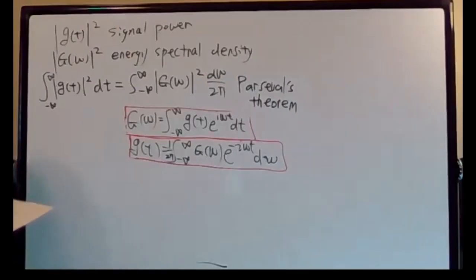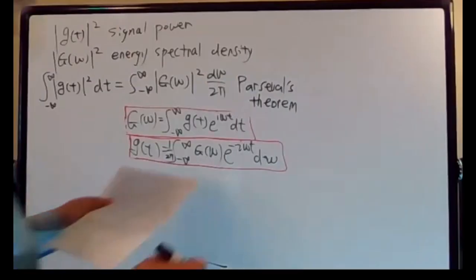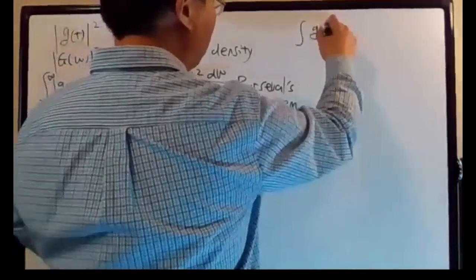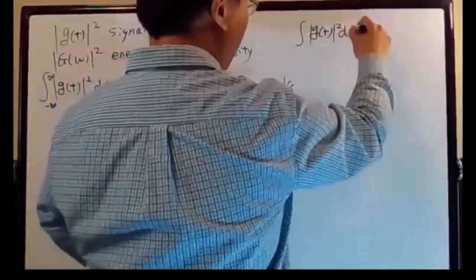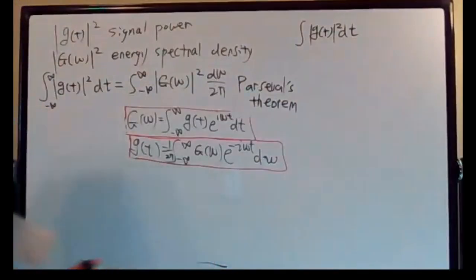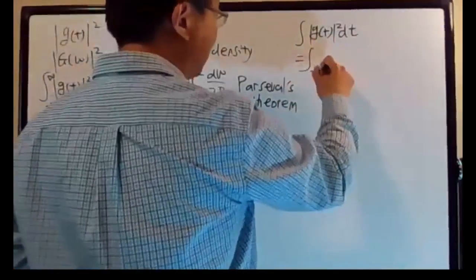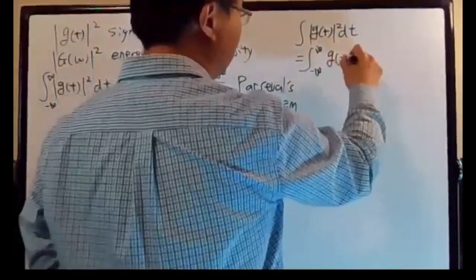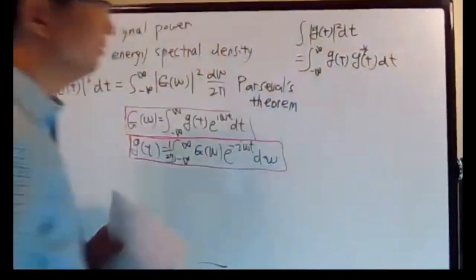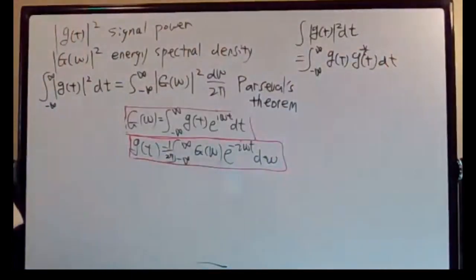Let's prove that. Let me use the board here. So let's take the integral of g(t) absolute value squared dt. This is the left-hand side. It's the positive, integral power in time domain. So let's write it as the integral from negative infinity to infinity of g(t) times g conjugate dt.